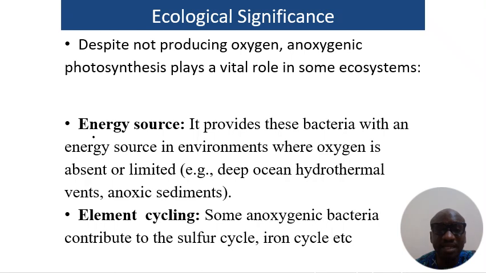They also help in maintaining anaerobic ecosystems, and they play a foundational role in the anaerobic food web. They serve as primary producers for the anaerobic food web. And like I said, they use light energy to produce energy without oxygen, offering nutrients for other anaerobic organisms.